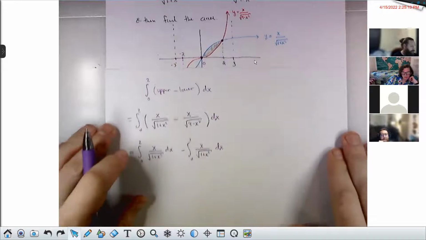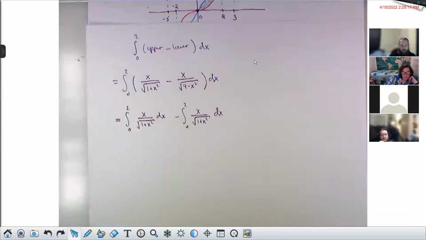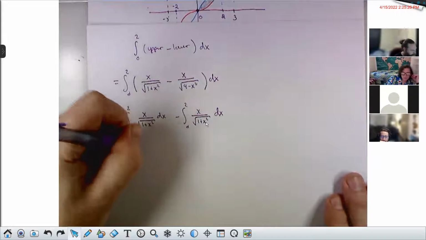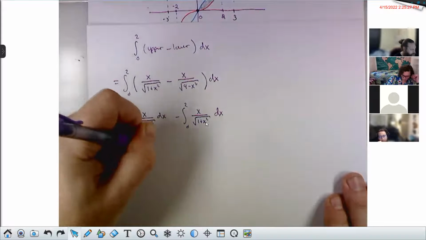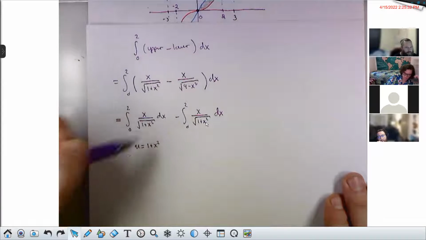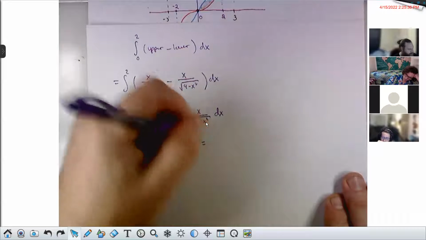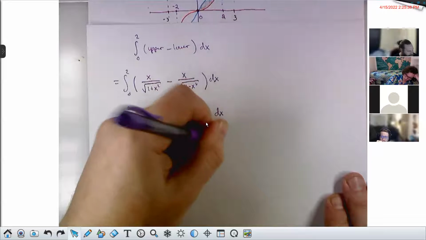Pro tip, when you're doing more than one substitution, use different variables for the two substitutions. You don't want to confuse yourself by using u and u. So let me use something like u here is 1 plus x squared. I'm subbing for the inside of the radical. That's my inner function. And over here, I'll maybe substitute v equals 1 plus x squared.